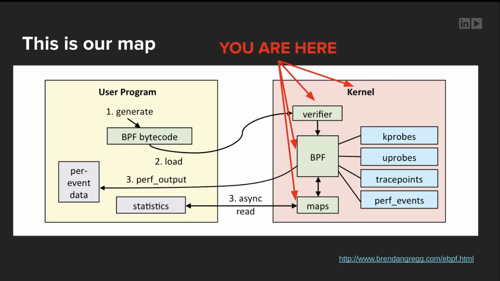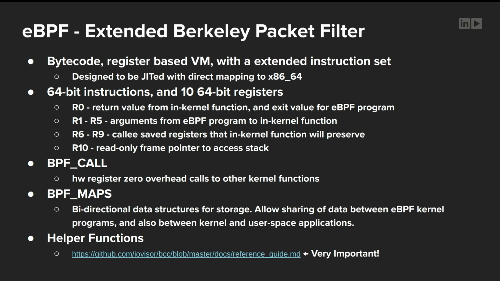So that's BPF, and that gives us a little bit of understanding how the BPF virtual machine works. The eBPF virtual machine is essentially an extension of that. So it's 64-bit instructions. It has 10 64-bit registers.